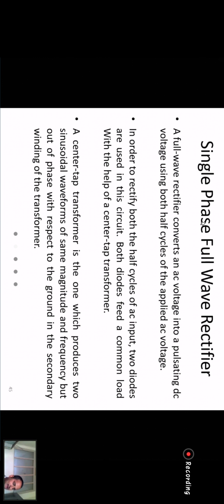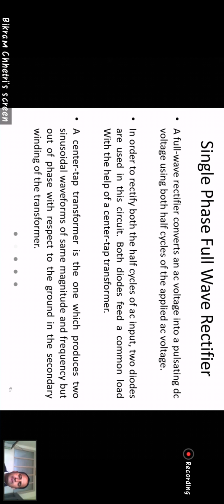Another advantage is that the load current waveform becomes smoother, because in a half-wave rectifier the output should be pure DC, but in reality it is not pure DC. It is a pulsating wave. So if we use a freewheeling diode, the output current becomes a little smoother than without it.